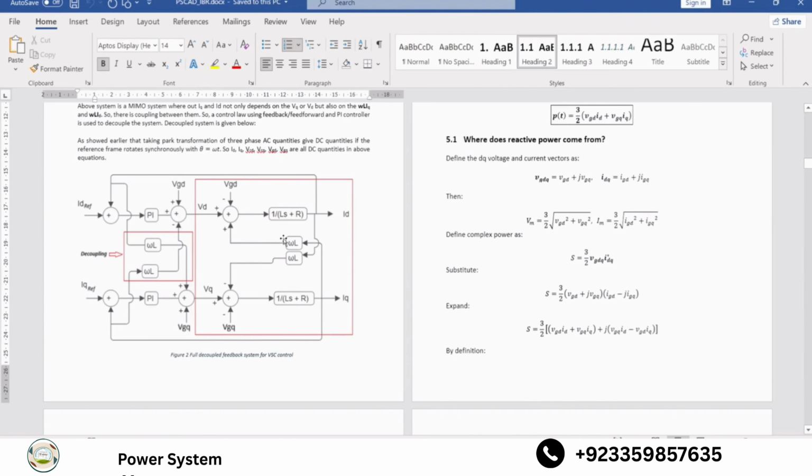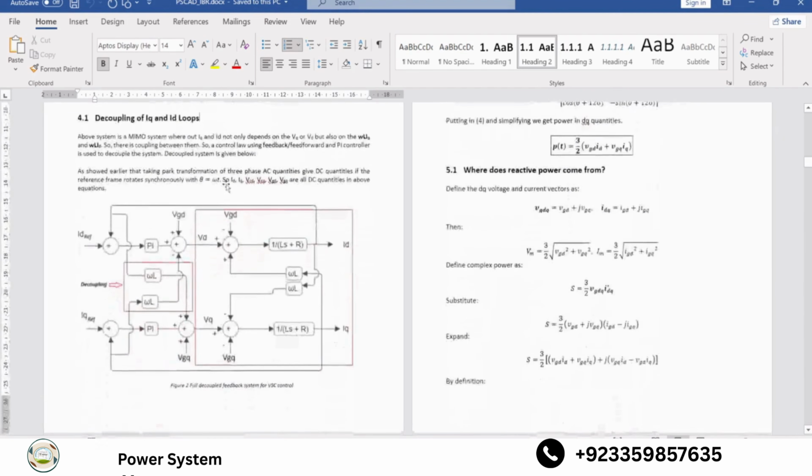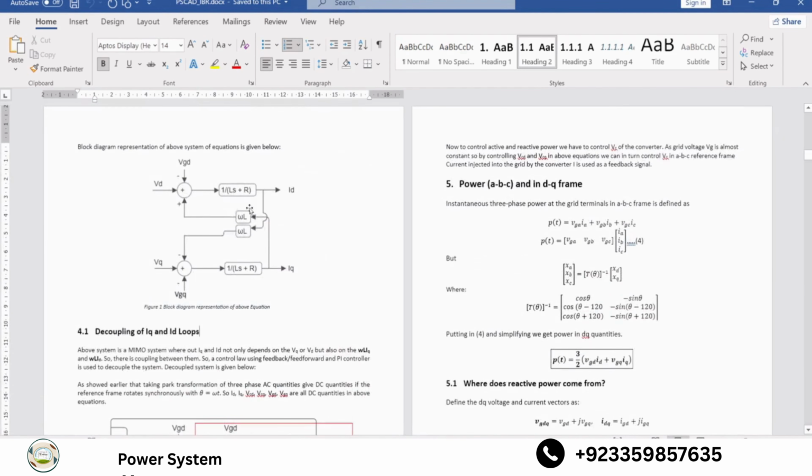For example, if you look at it, there is coupling. This part is from the previous diagram, this one. So to remove this coupling, what I did here is I just inserted an inverse of this here. For example, this one was ID multiplied by this and added to this. So what I did here is ID multiplied by this and I subtracted here.